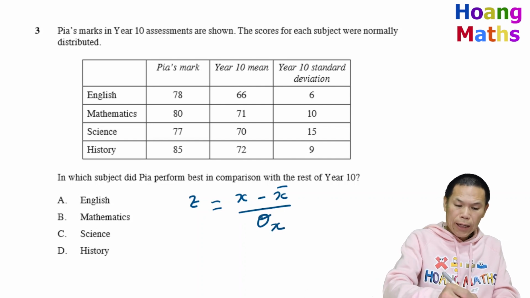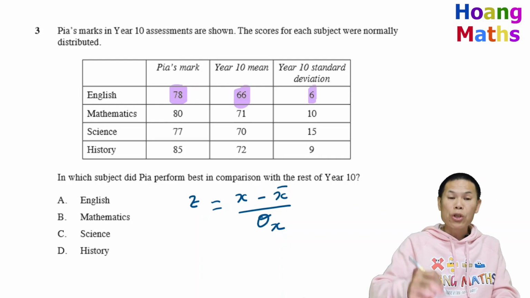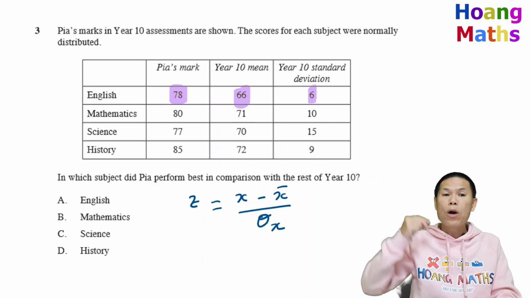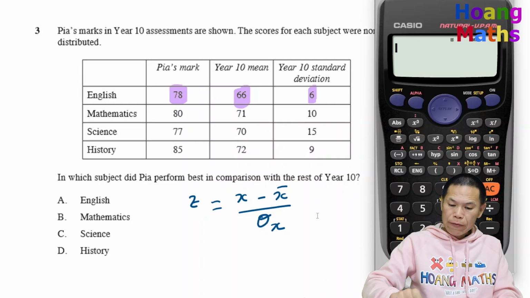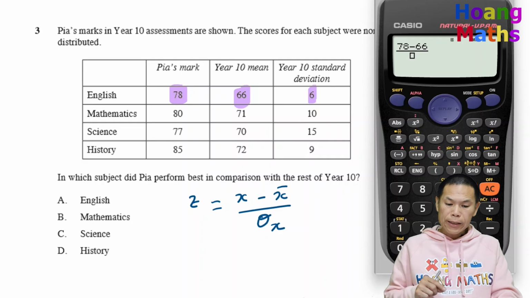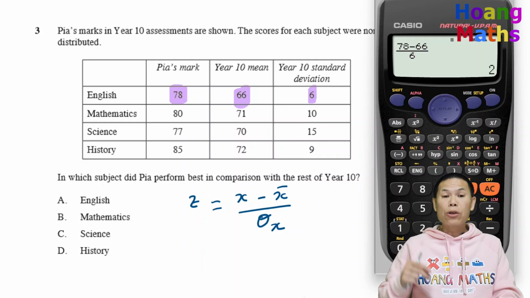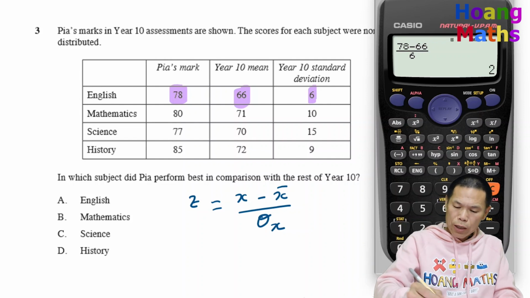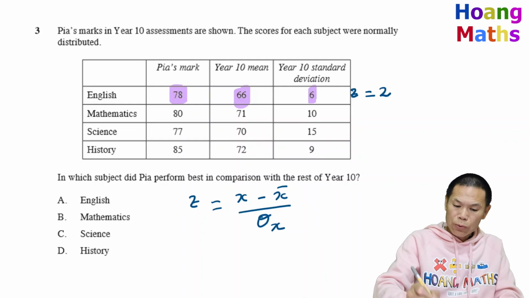Now we know that X is 78, the mean is 66, and the standard deviation is 6. We just quickly use the calculator to work that out because it is multiple choice. So 78 minus 66, divided by the standard deviation, which is 6. The Z-score is 2. Let me write this down: Z is equal to 2.